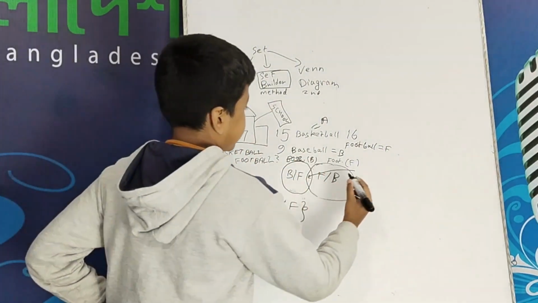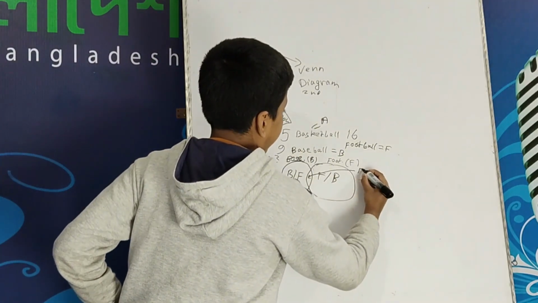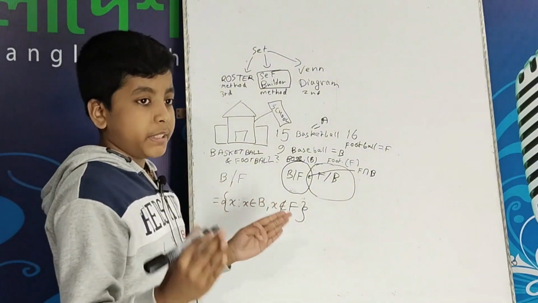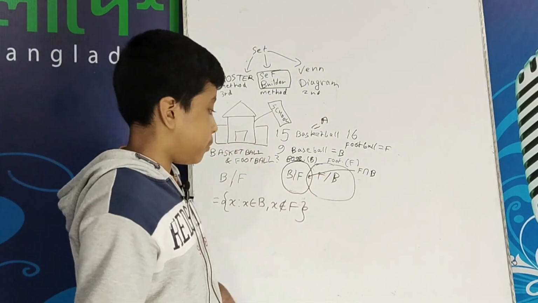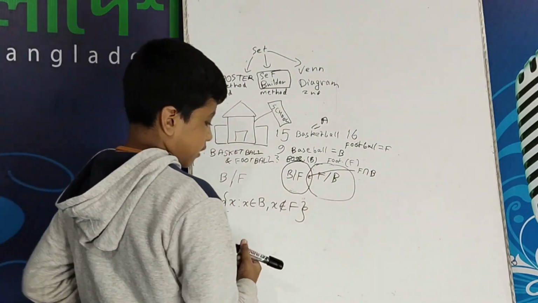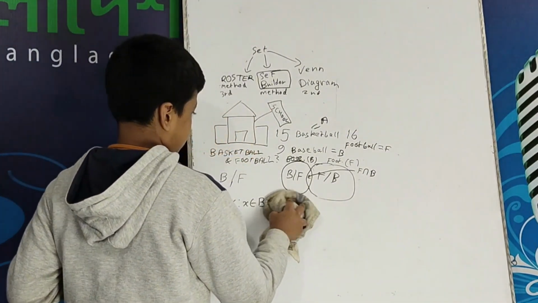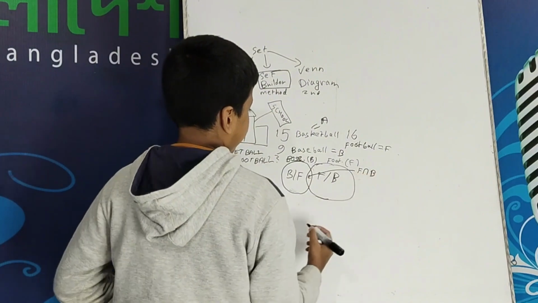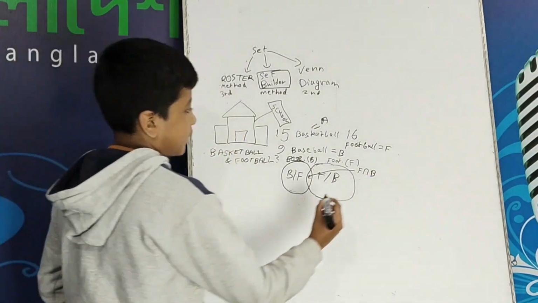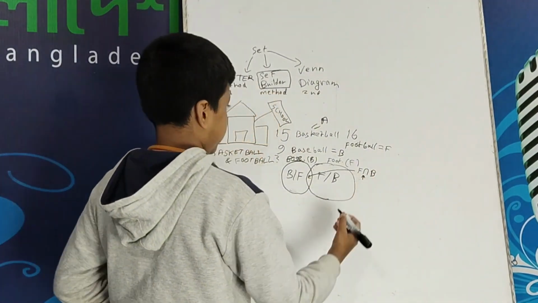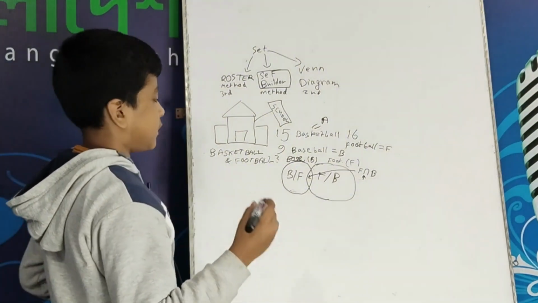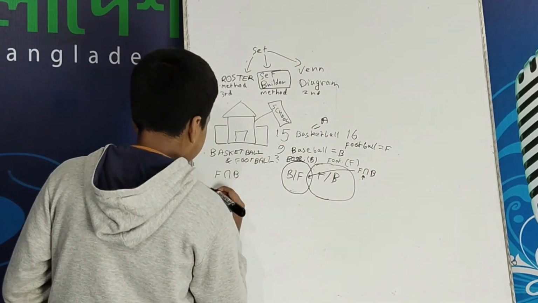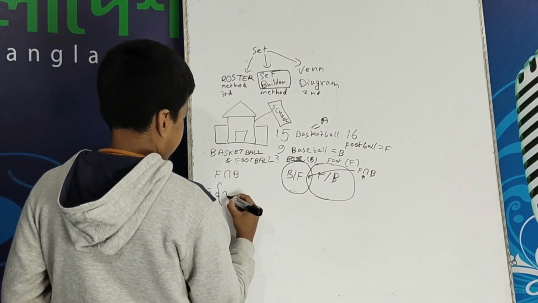So that will be F upside down U B. It can be written as either F intersection B, yes, this symbol is called intersection, or it can be written as B intersection F. So F intersection B equals set x.